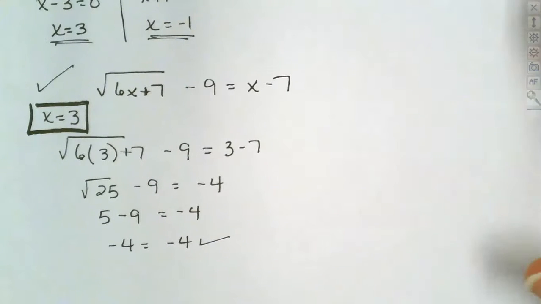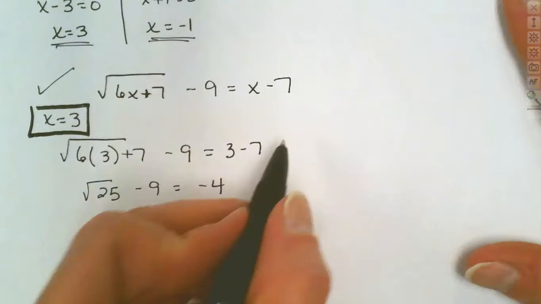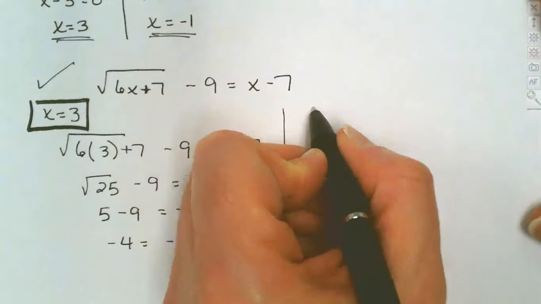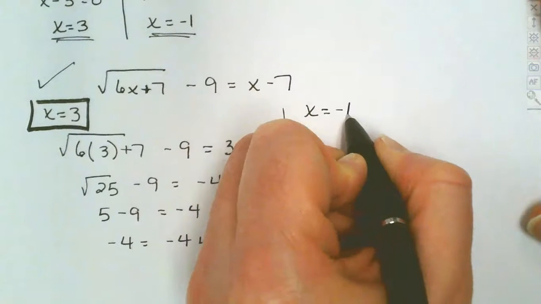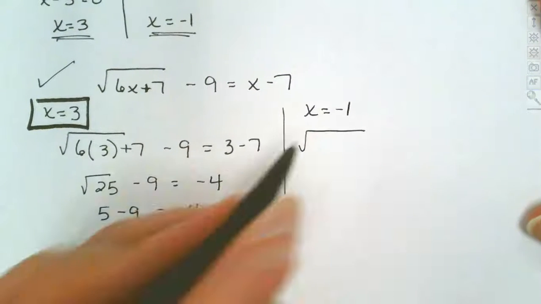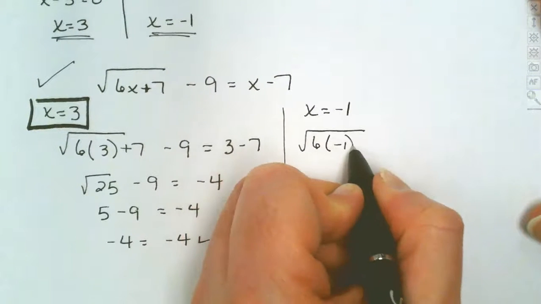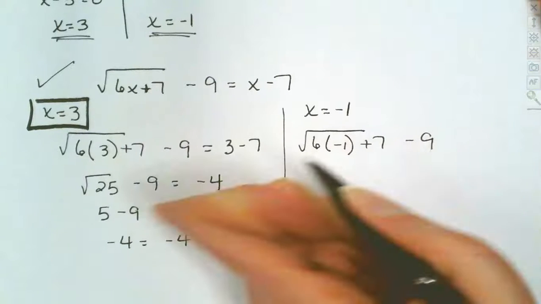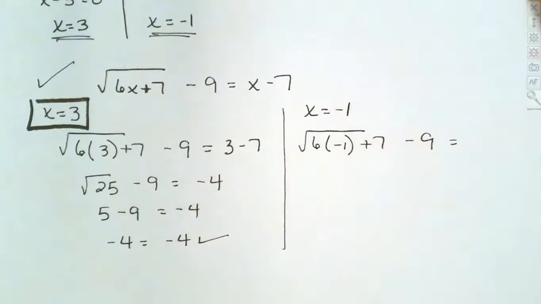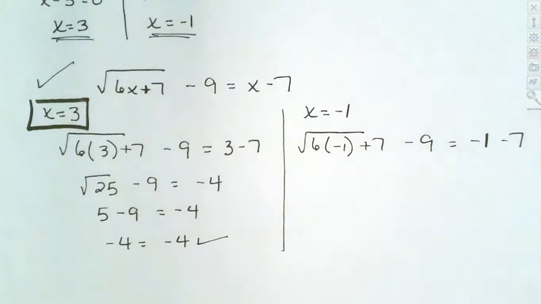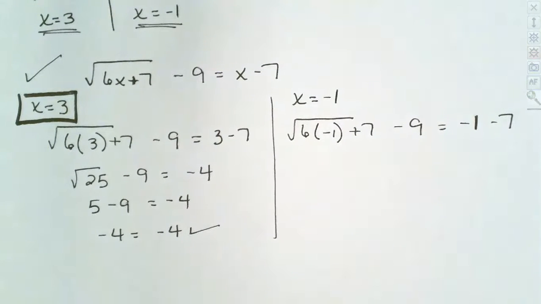Now we need to check the other one. The other one is x equals a negative 1. So we'll plug that in. And that's going to be the square root of 6 times a negative 1 plus 7 minus 9 equals a minus 1 minus 7. And let's see if these sides match up.